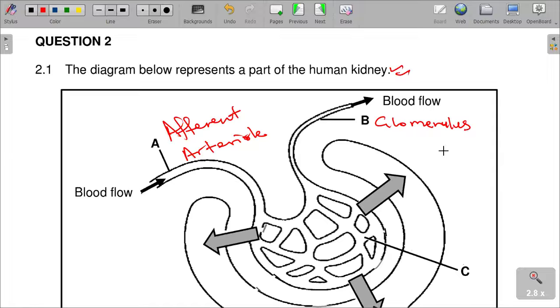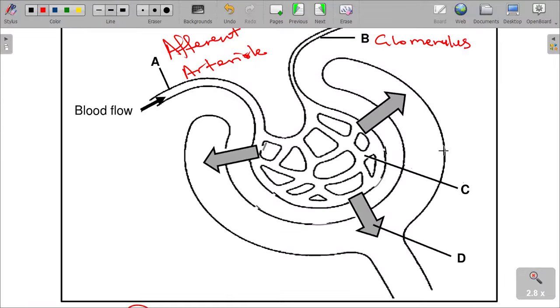And then C, it is actually the glomerular filtration.